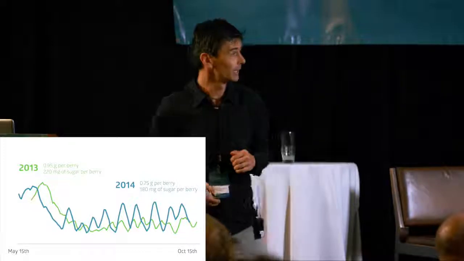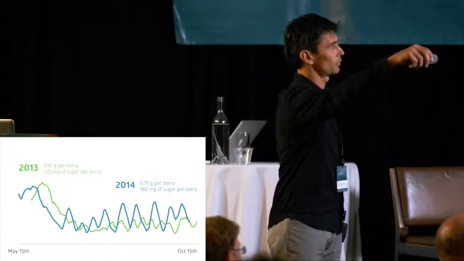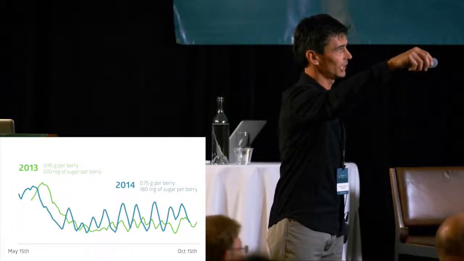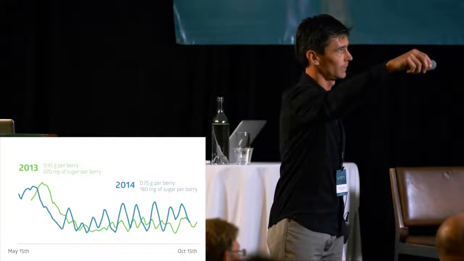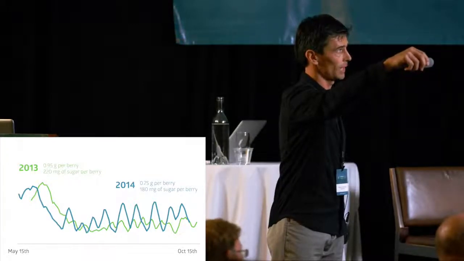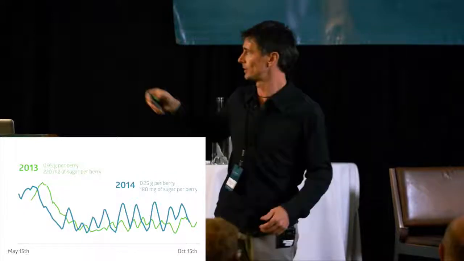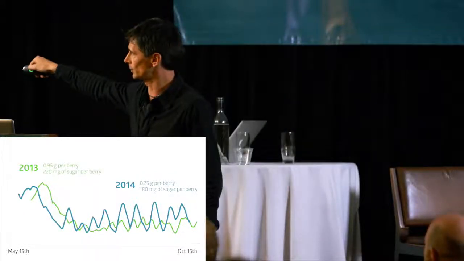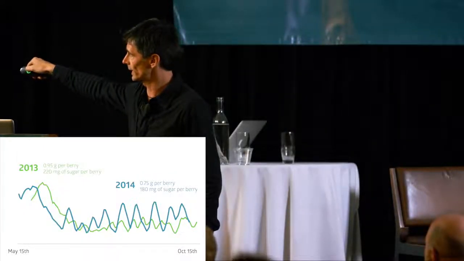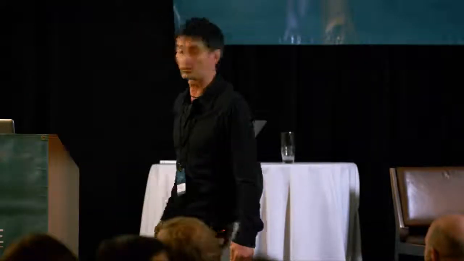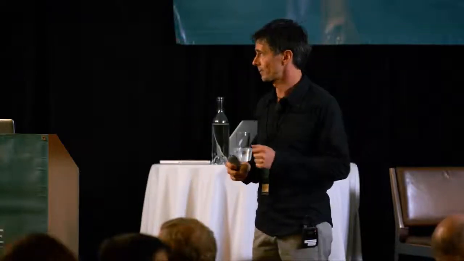But you see that the key differences between those two blocks is this delay, the shift from 2013 to 2014, where the decline started 10 days earlier. You see that the decline here was started 10 days earlier in 2013. So that's an earlier onset of water deficit.